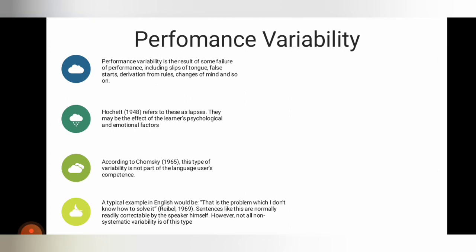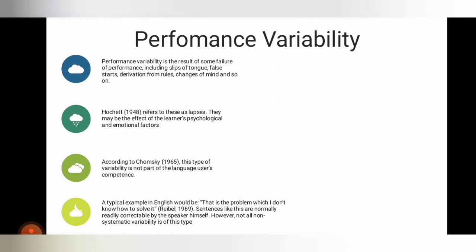I will explain about performance variability. Performance variability is the result of some failure of performance, including slips of the tongue, false starts, deviations from rules, changes of mind, and so on. According to Corder in 1967, referred to this as lapses, they may be the effect of the learner's psychological and emotional factors.